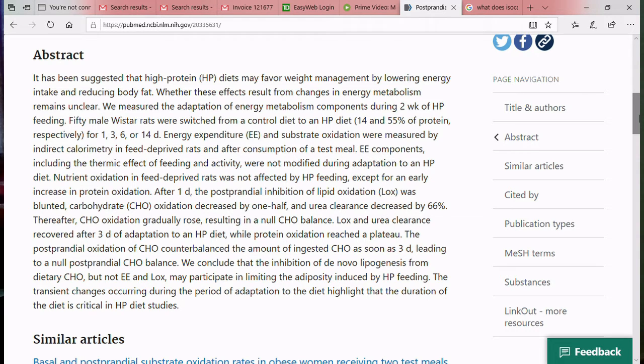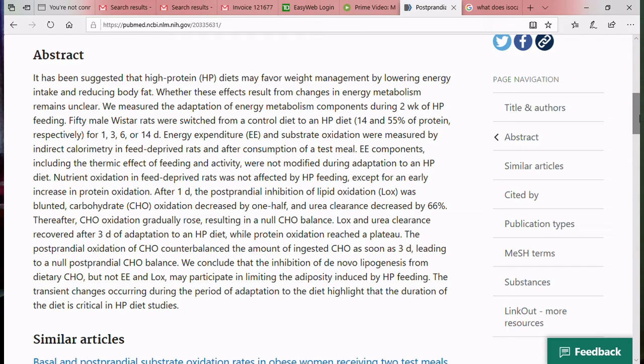Nutrient oxidation in feed-deprived rats was not affected by HP feeding except for an early increase in protein oxidation. After 1 day, the postprandial inhibition of lipid oxidation was blunted. Carbohydrate oxidation decreased by 1/2 and urea clearance decreased by 66%. Thereafter, carbohydrate oxidation gradually rose, resulting in a null carbohydrate balance. Lipid oxidation and urea clearance recovered after 3 days of adaptation to a high-protein diet, while protein oxidation reached a plateau.